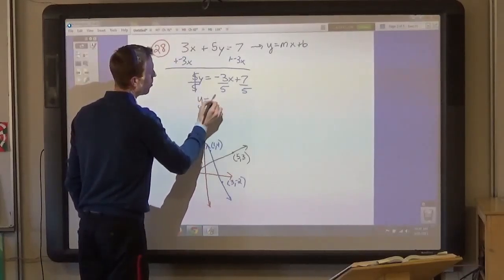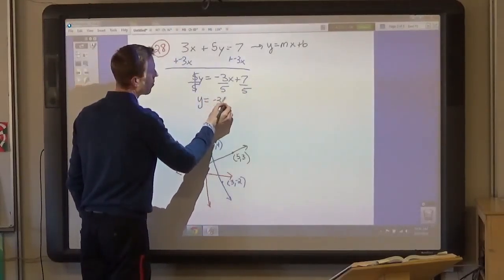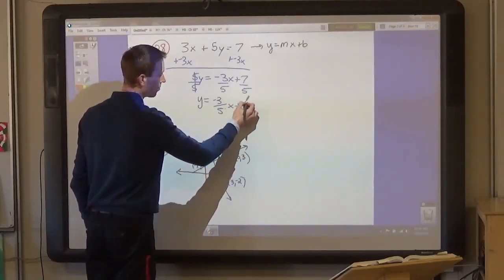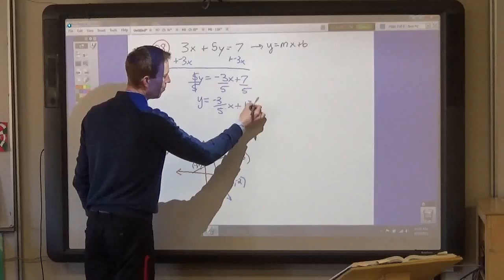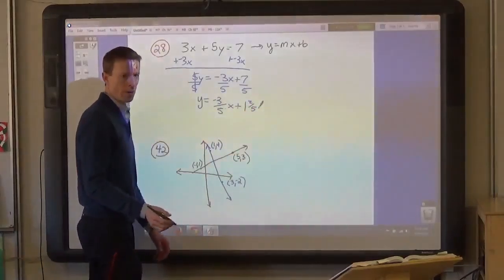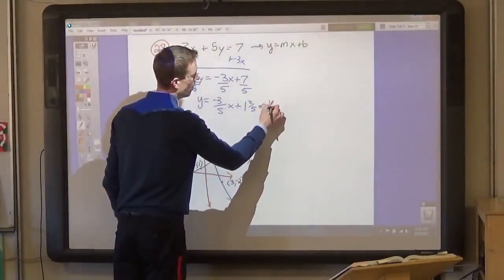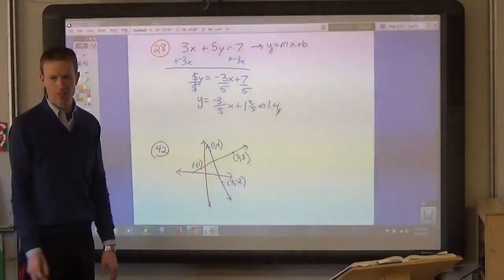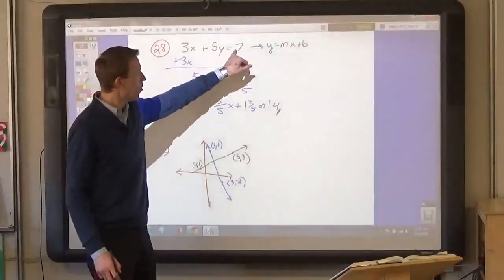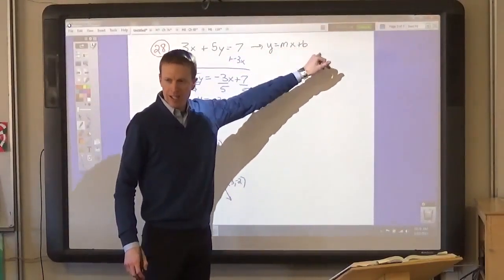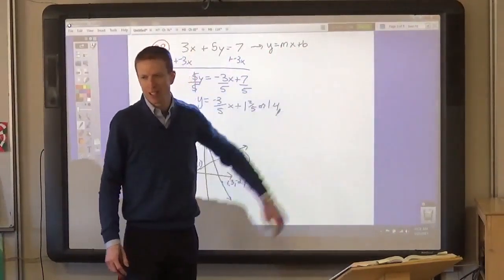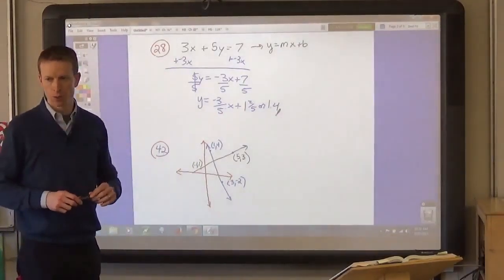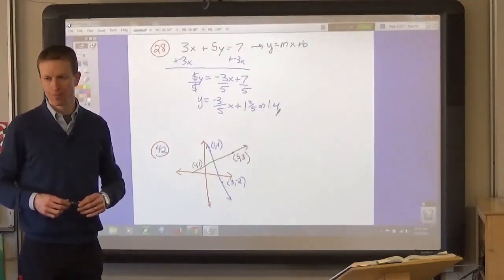So y equals -3/5 x plus 1 2/5, or 1.4, or 7/5. But usually, when you're finding b, you're probably going to want the decimal form or at least the whole number form so that it's easier to count. Okay?